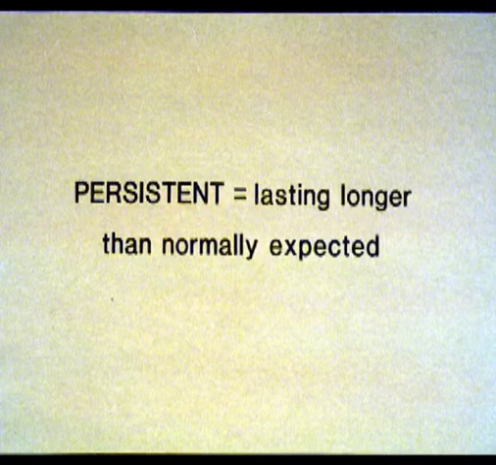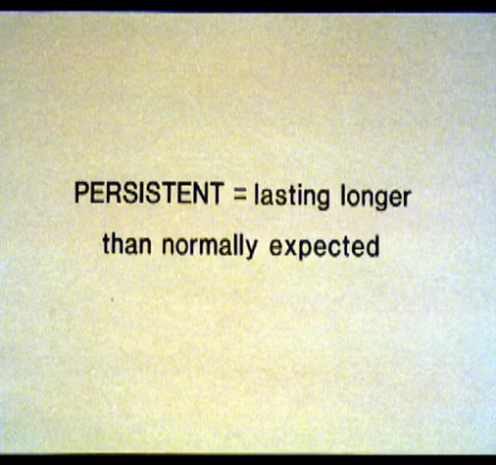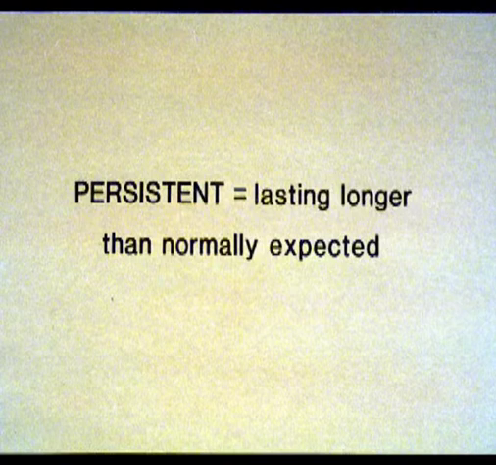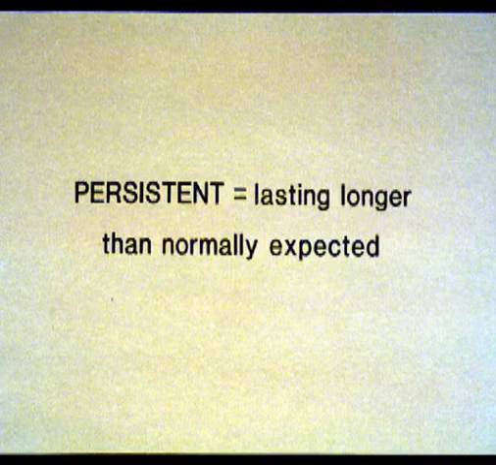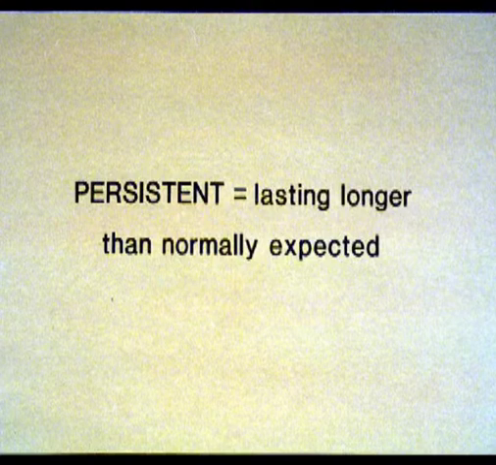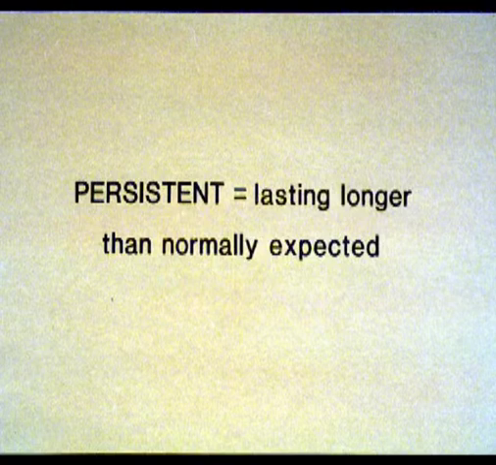It should also be pointed out here that probably just to confuse students learning to identify plants, the term persistent may be used in a slightly different way. In its broadest sense, persistent simply means lasting longer than normally expected. Therefore, leaves that die but remain on the tree over the winter may be termed persistent, as just pointed out.